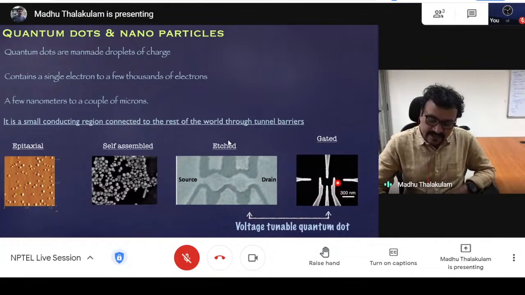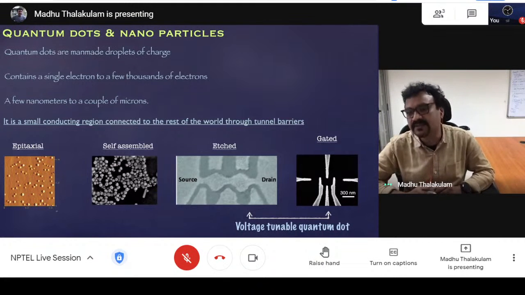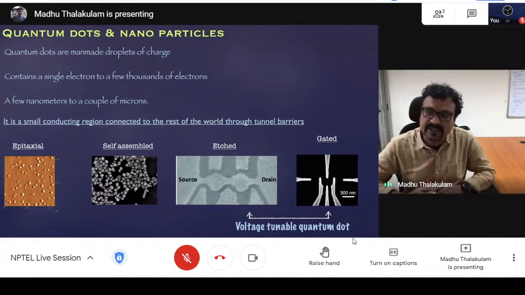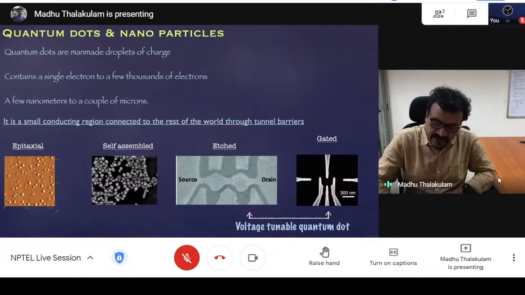And in the last case, you have surface gates, Schottky gates, on the surface of a two-dimensional electron gas, which we went through in detail a few modules back, where you use voltages to confine electrons. What you get eventually is small conducting regions.